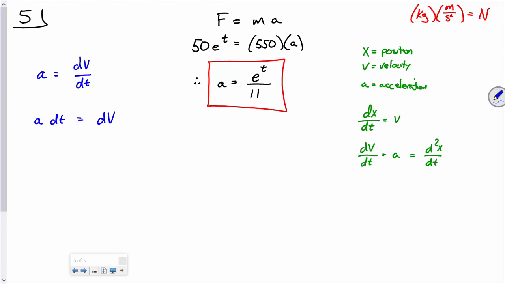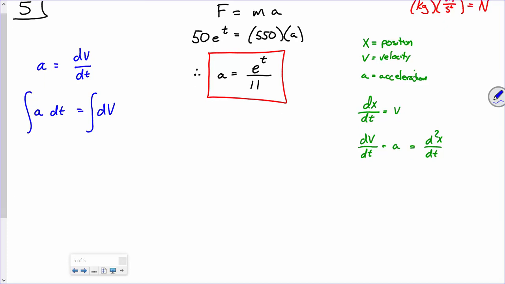So how do I determine what v is? I integrate. Make sense? Okay, so here's my acceleration function. I propose that to get the velocity, I integrate the acceleration. Make sense?